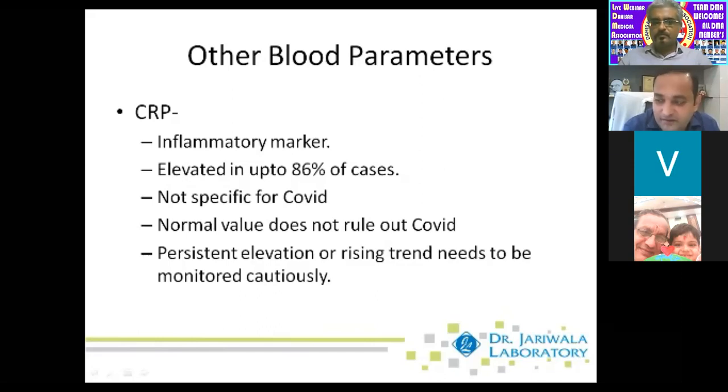In fact, it may lead to further problems with the patient. There may be elevations and you may end up saying that the patient is worsening, while it may not be the case. This holds true for most of the laboratory parameters: whenever you are doing a test for follow-up, it is important that you do it from the same laboratory. Next slide, please.